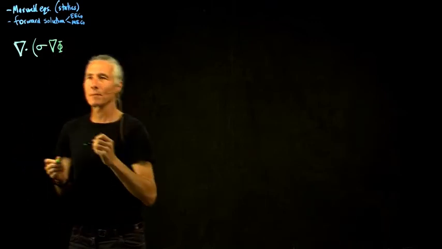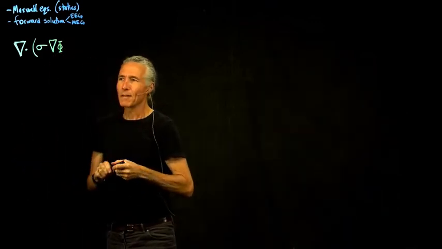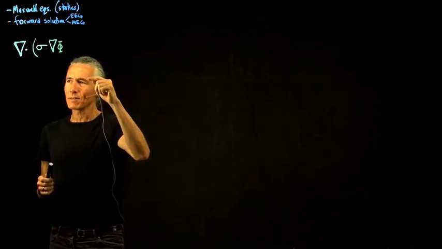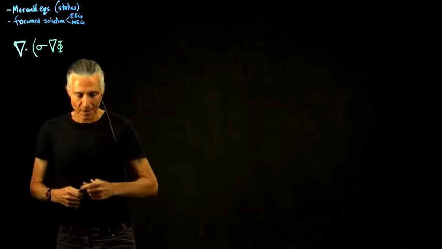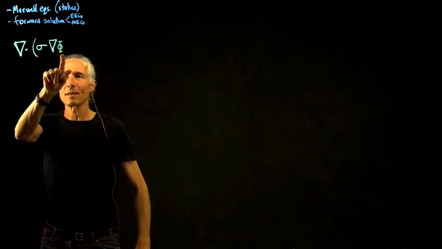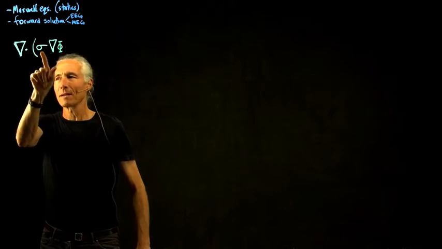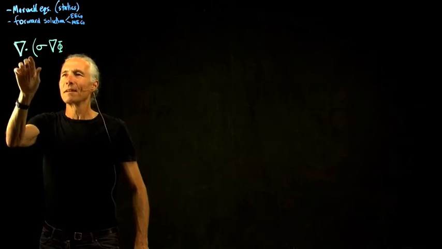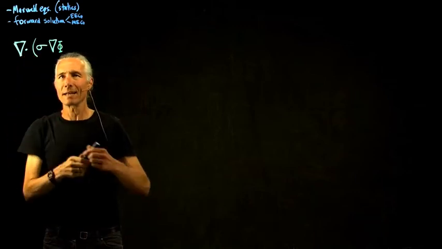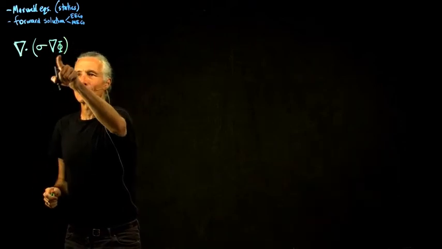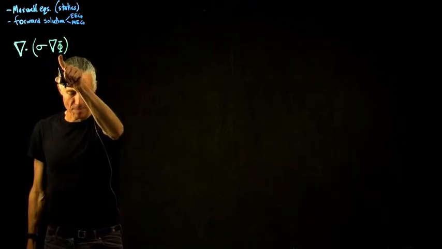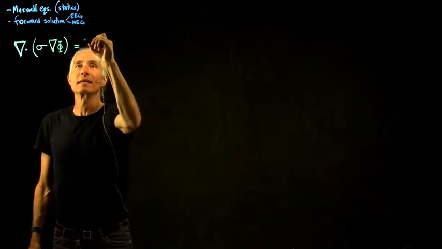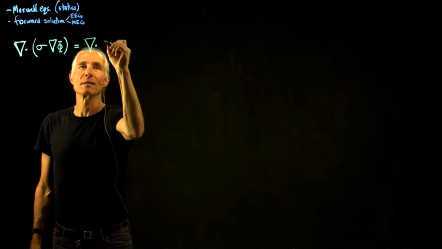The gradient of the potential is a scalar, you can think of it as the voltage at a point. So this gradient turns that into a vector, and then we multiply it by the conductivity, and then we take the divergence of it, and that finds out how radiating this vector field is, and that equals the divergence of the current.